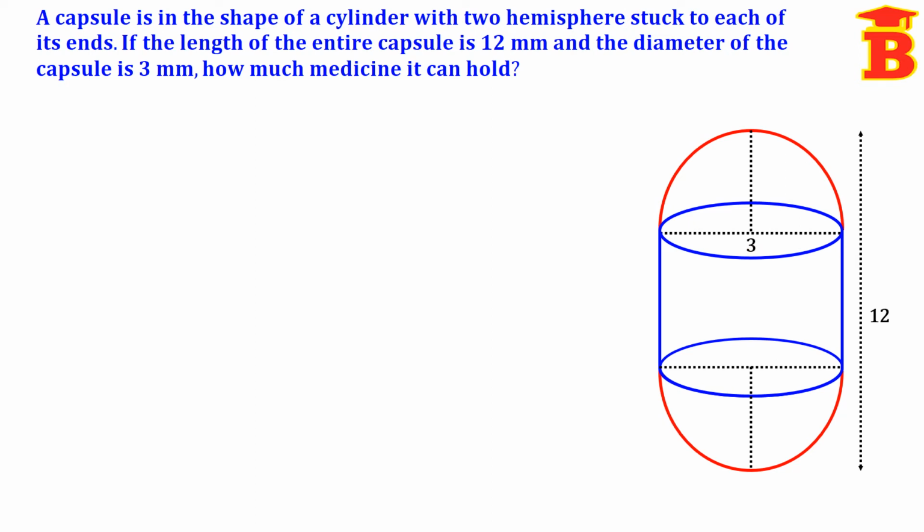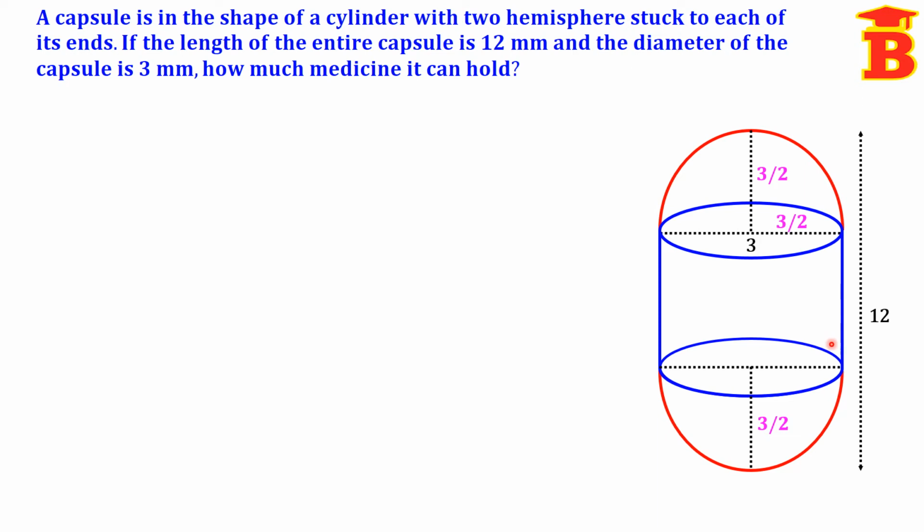Therefore the radius is 3 by 2 mm. And the hemisphere also has the same radius, so this is also 3 by 2, and on the other side the hemisphere radius is also 3 by 2.